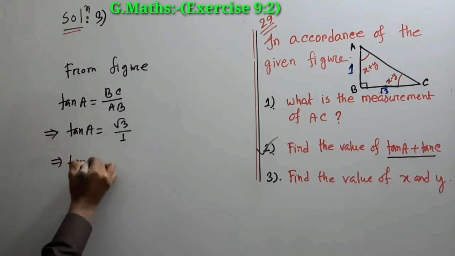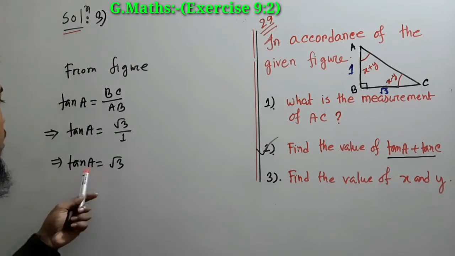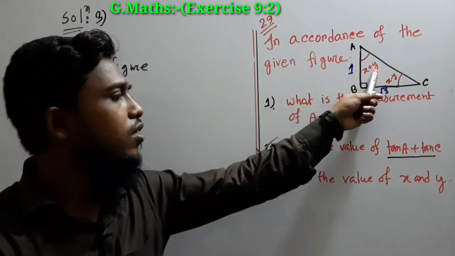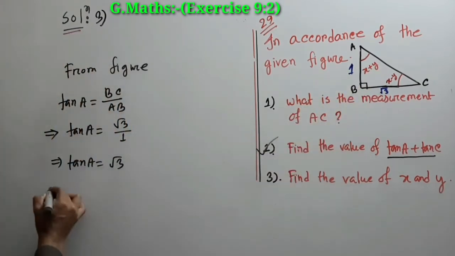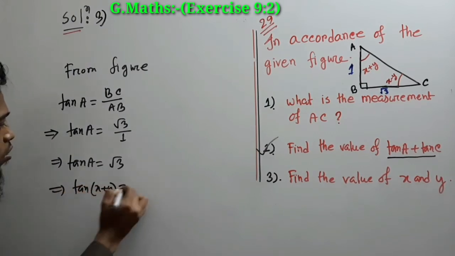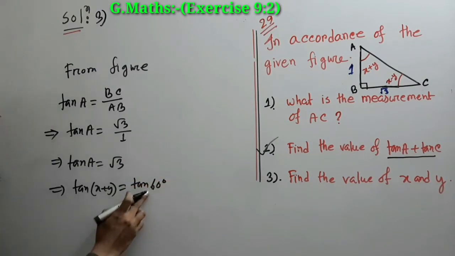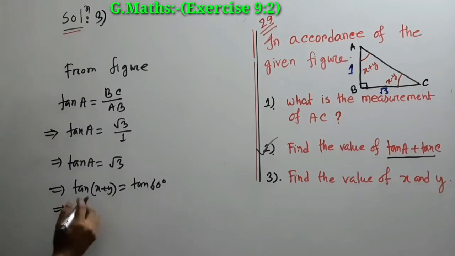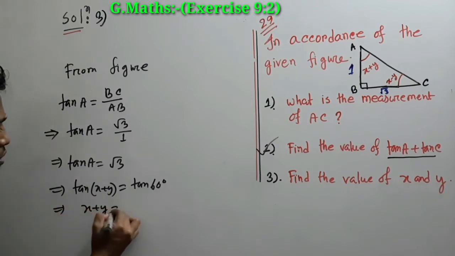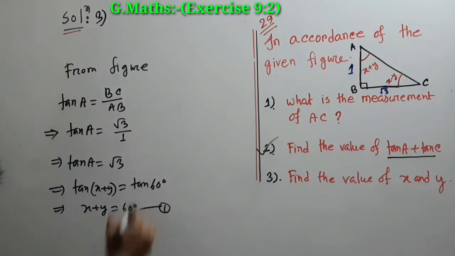So tan A equal to root 3. The angle A equal to x plus y. So we can write x plus y equal to tan 60 degree. The value of tan 60 degree equal to root 3. So we can write x plus y equal to 60 degree. This is the equation 1.